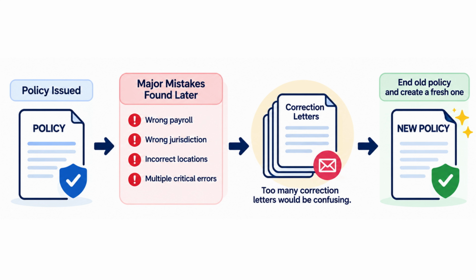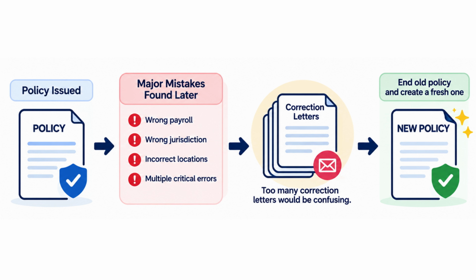That would be confusing. Instead, the insurer decides to end the old policy and create a fresh replacement. That's called a rewrite. Sometimes the rewritten policy is even moved to a completely new customer account. Guidewire supports that through Rewrite New Account. So that's all about transactions at a high level, and we'll learn more about these in the later sessions.